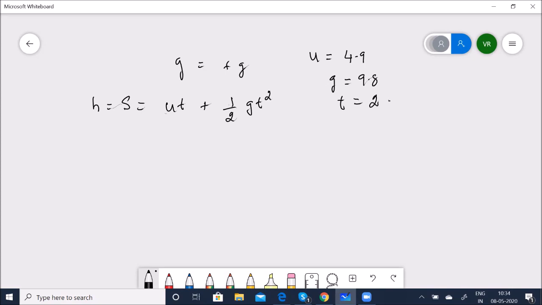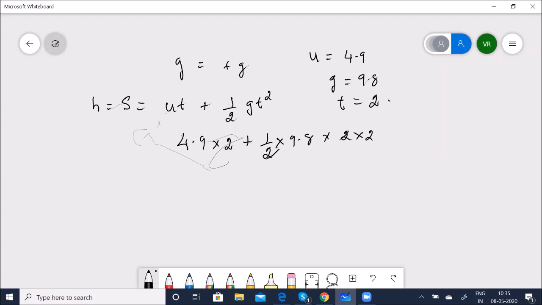Since the height is going downwards, we have to take this as negative. So u is 4.9, so 4.9 into 2 plus half into 9.8 into 2 into 2. Cancel this, and you get 19.6.